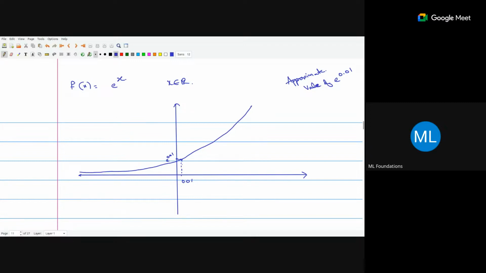So now, if you don't have the calculator with you, how will you find the value of e to the power 0.01? Any ideas?